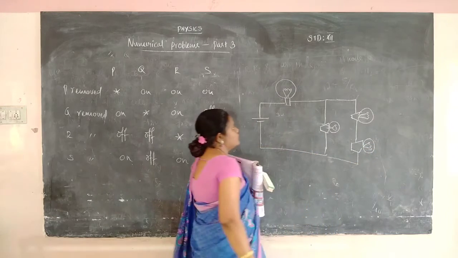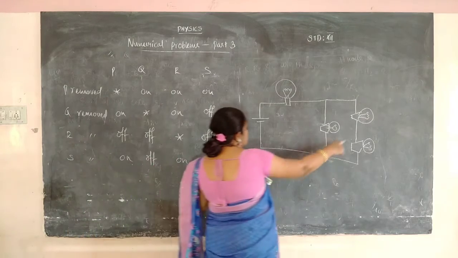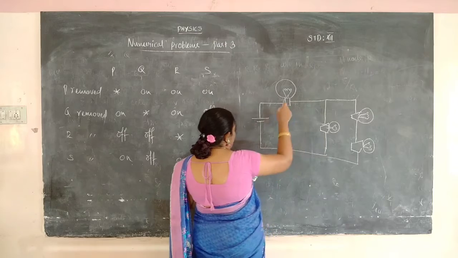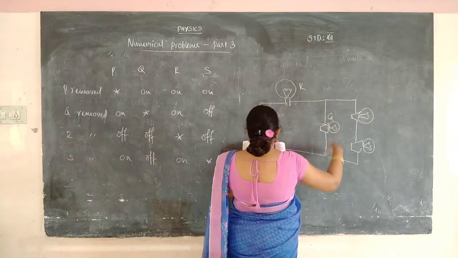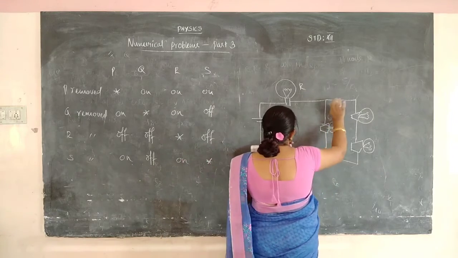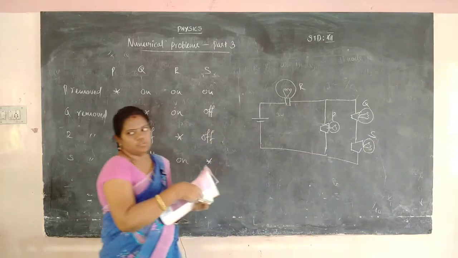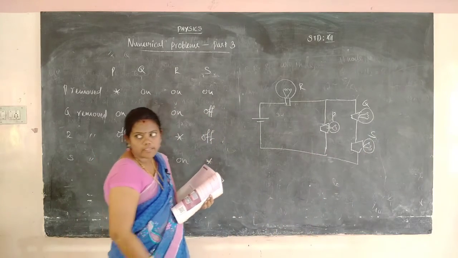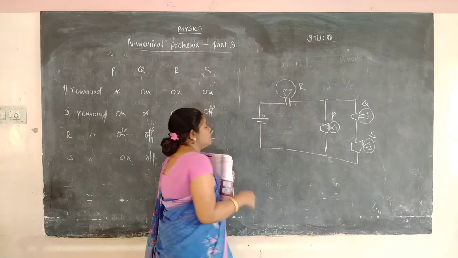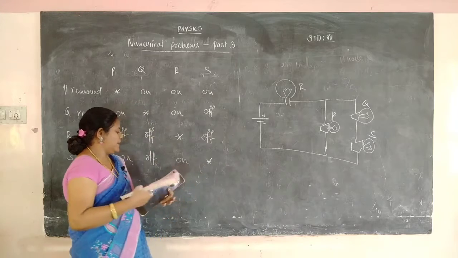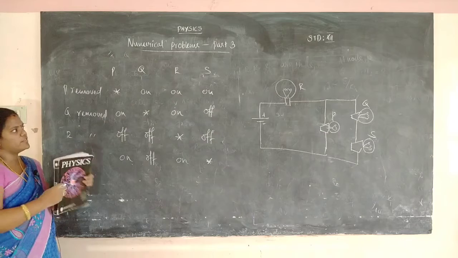Okay, so 3 bulbs and 4 bulbs. 4 bulbs, 3 bulbs series அதுக்கு parallel ஒரு bulb, இன்னொரு parallel, 3 bulb connect பண்ணிருக்கேன். That is P, that is Q, that is R, and that is S. Okay, so 4 bulbs already I connected. The current it will be flowing in the one circuit to another, so one bulb to another. This circuit it will be explained that this features and the inference.